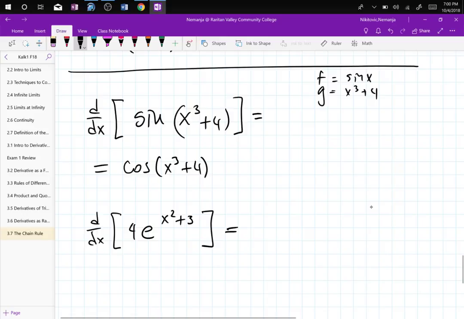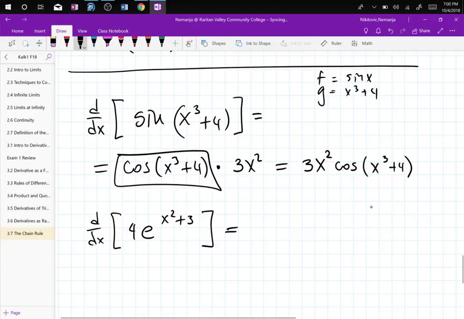And then times the derivative of the guts, which is 3x squared. So that will be the answer: the derivative of f with the g still plugged in, and then the derivative of g, and we're done.